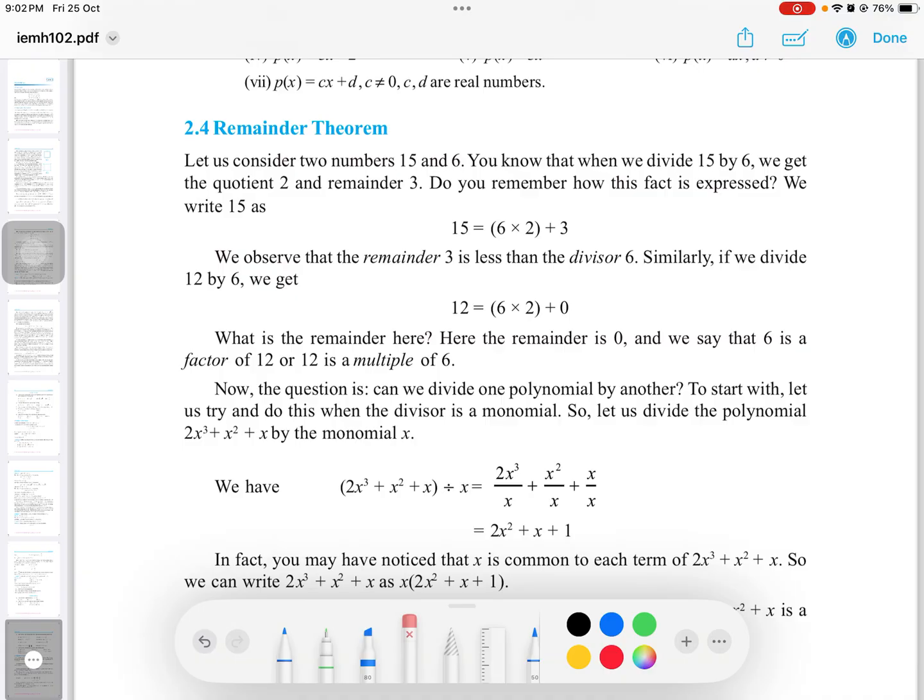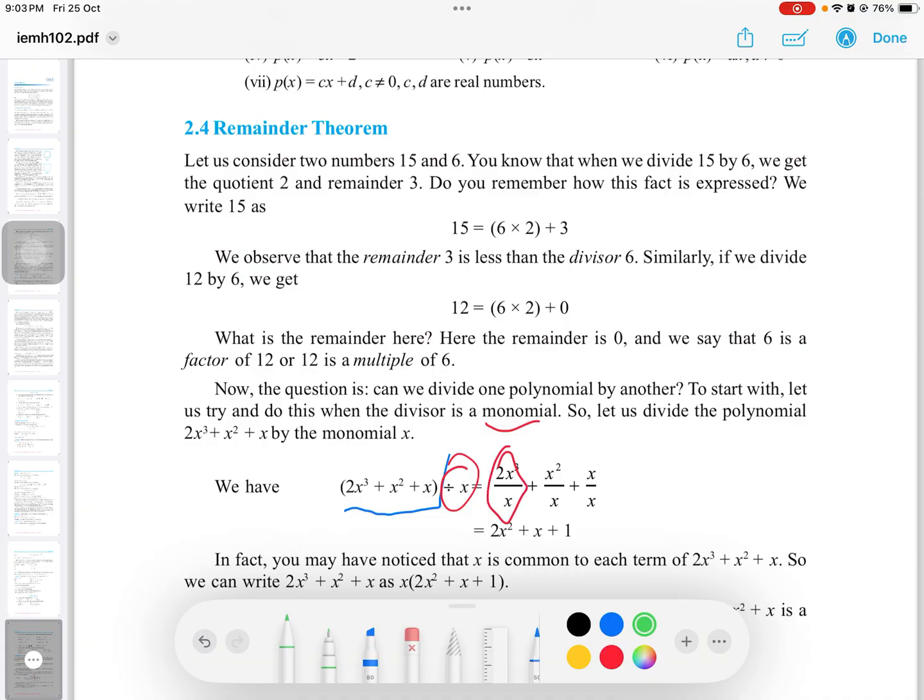Now let's come back. We were seeing this with numbers. Can we do that for polynomials? Can you divide this polynomial by x? For that, knowing what a monomial, binomial and trinomial are would be better. A monomial has only one term.